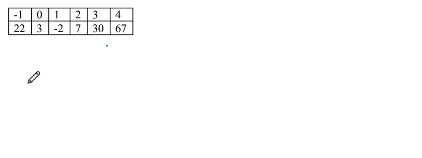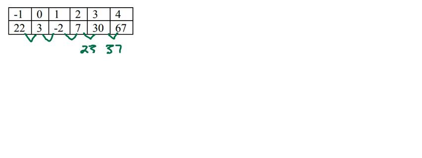Okay, speaking of why, I don't know why that's not a good segue. We're going to do number 5. So first step, let's find out what kind of function we're dealing with. What kind of polynomial is this? Okay. So we got to do some subtraction. 67 minus 30, 37. 30 minus 7, 23. 7 minus negative 2, 9.